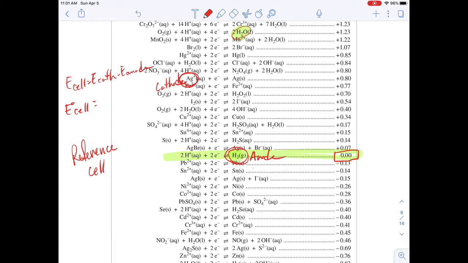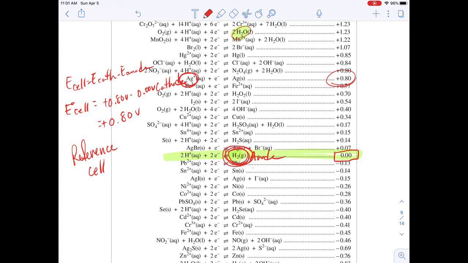And so it's going to be positive 0.80 volts minus 0.00 volts is 0.80 volts. And that's how they determine this number. They use the hydrogen as the anode, and they set up the cell and then measure the voltage for everything.